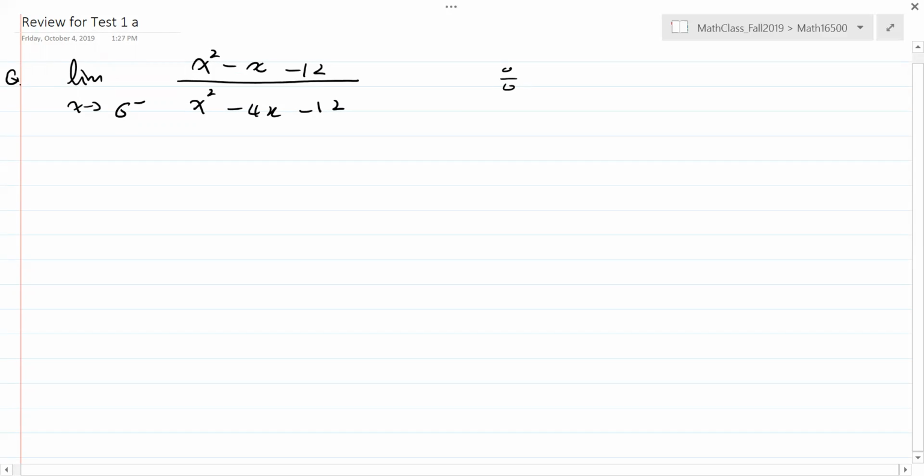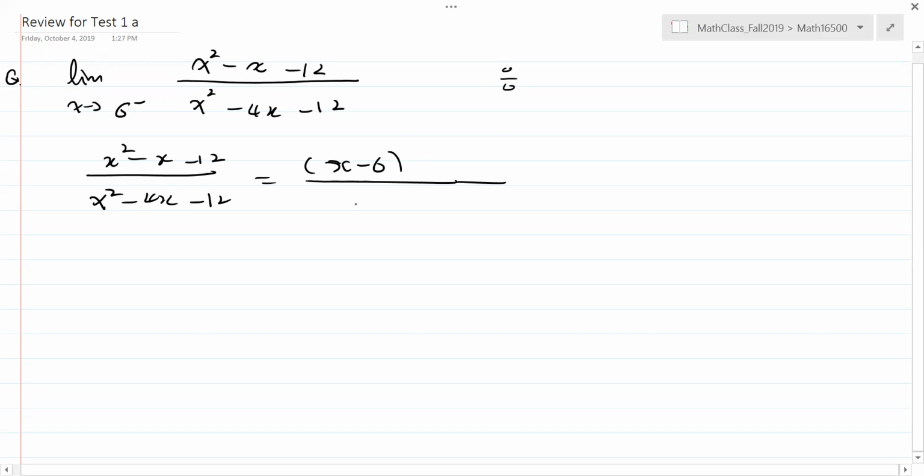So the numerator is 0, the denominator is 0 when you plug 6 for x. That means there's a factor x minus 6 in the numerator, and also there's a factor x minus 6 in the denominator. So what you should do is you try to factor the numerator and denominator.